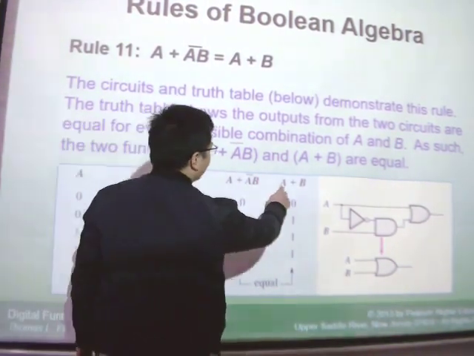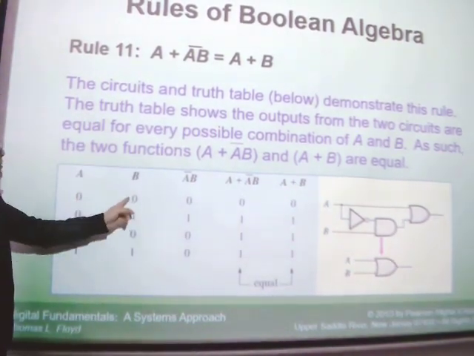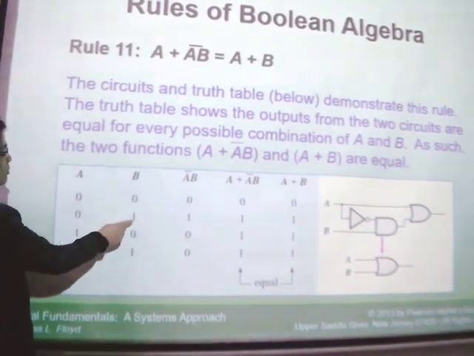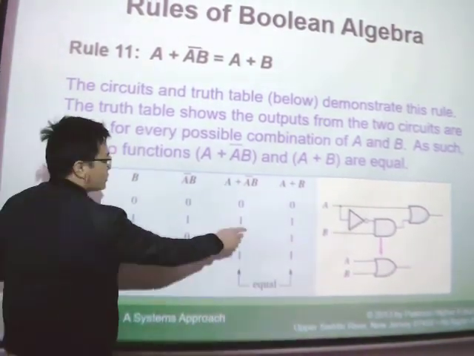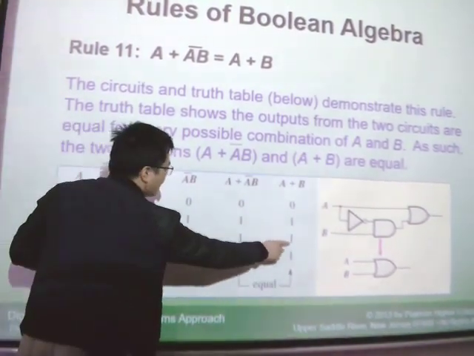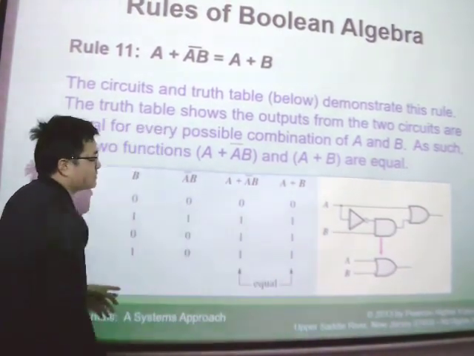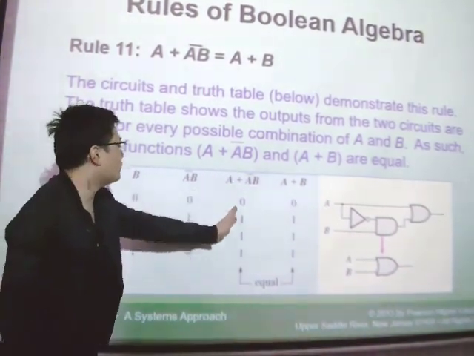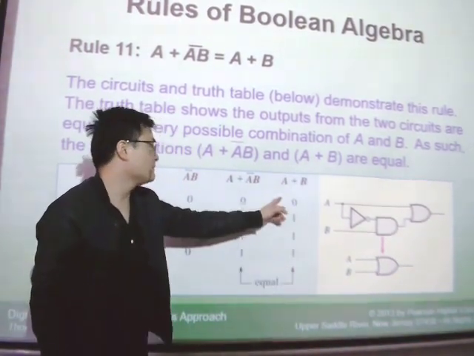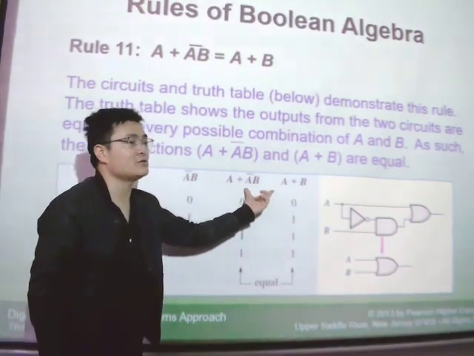And A or B: 0 or 0 equals 0. 0 or 1 equals 1. 1 or 0 equals 1. 1 or 1 equals 1. So the value of the fourth column equals the value of the first column. So these two expressions are equivalent.